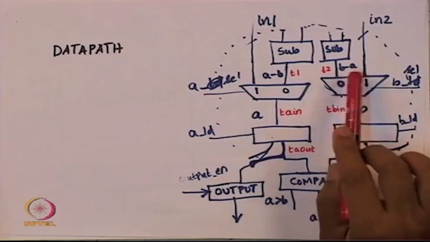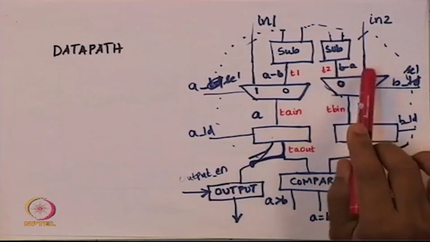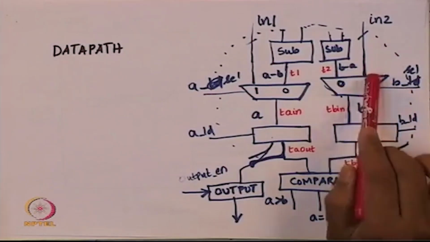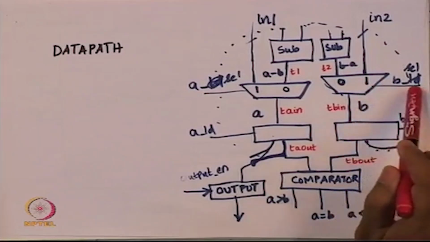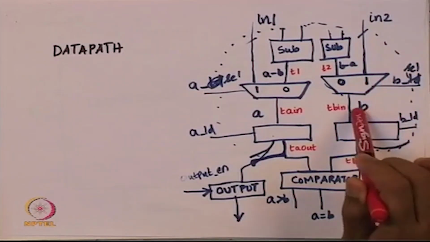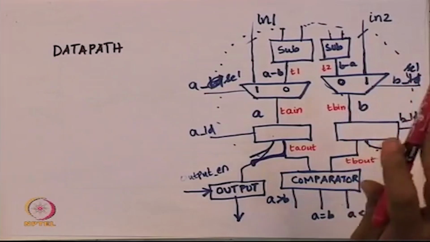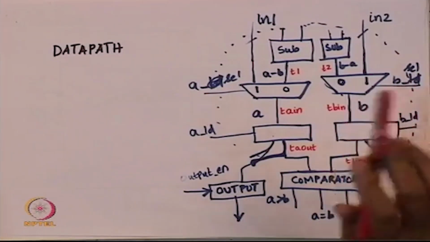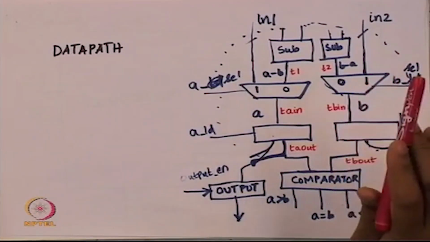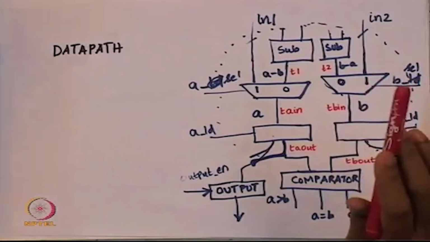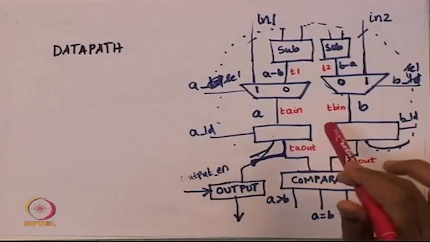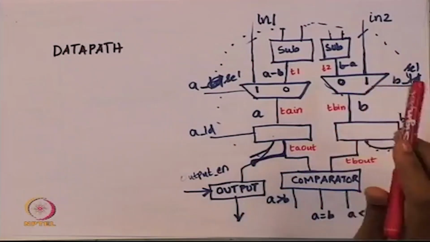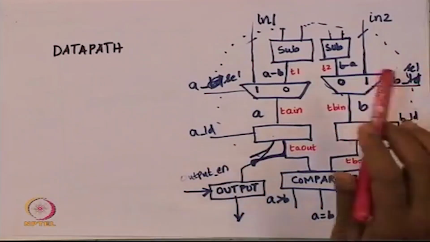This mux is supposed to take T2 as the 0 line, in 2 as the 1 line, and the select is B select and the output is TB in. So we need two muxes. I am going to assume that muxes are given in this form: the output that is going to come from it, the select line, and the two inputs that are supposed to be supplied to it.